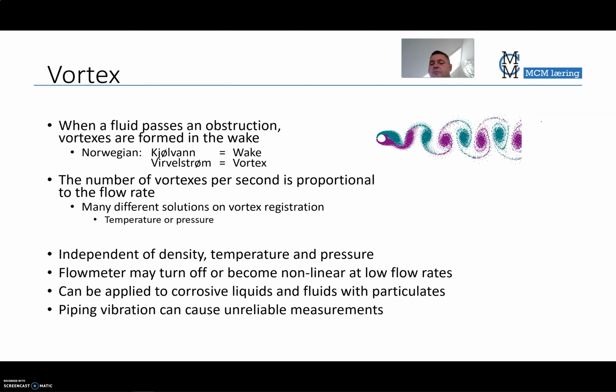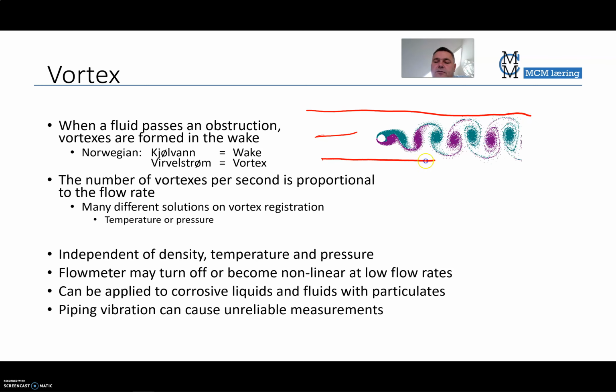One simple principle is the vortex principle, where you have a so-called blunt body, and when the flow passes via that, vortices will form on either side, behind the object.